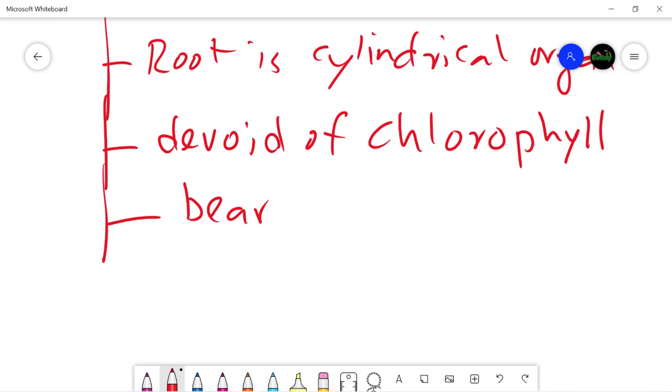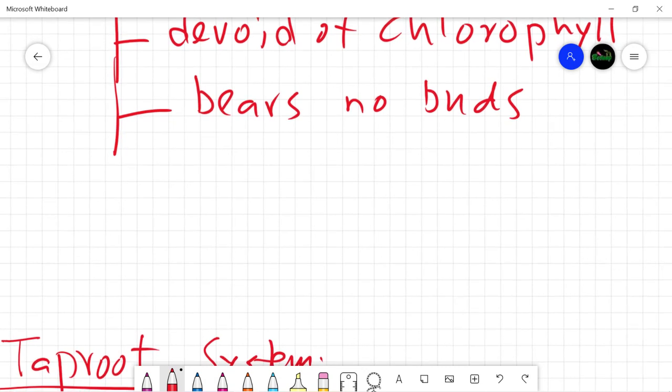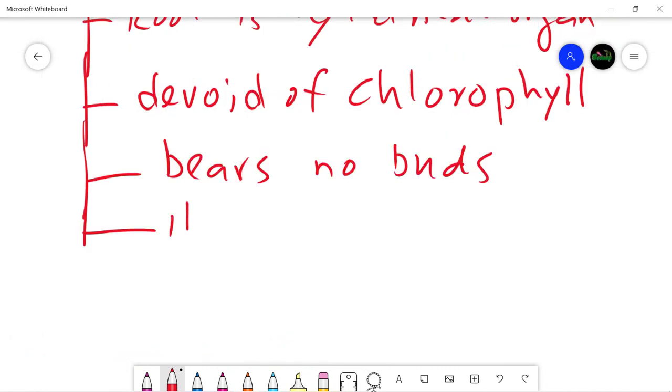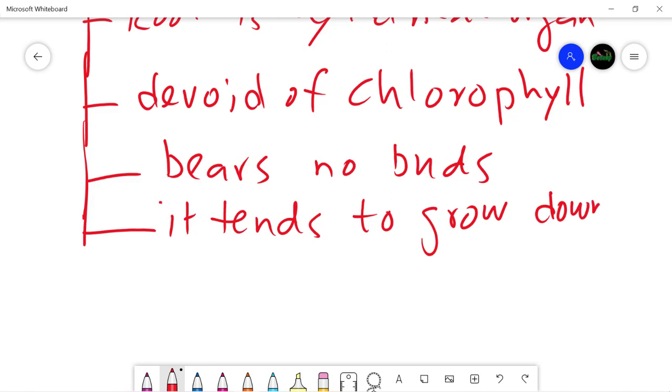So it lacks chlorophyll and bears no buds, and generally it tends to grow downwards into the soil.